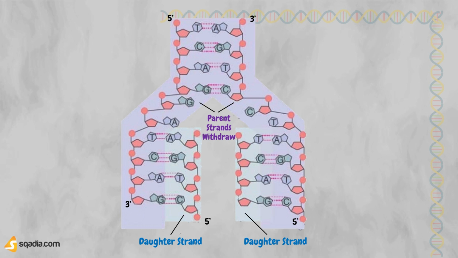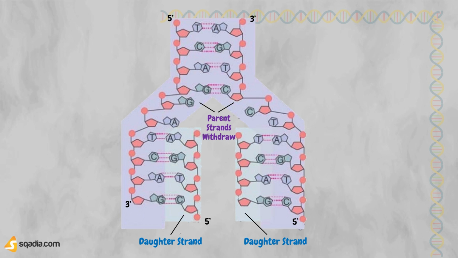The sequence of the daughter strand is determined by the parental strand. An adenine in the parental strand causes a thymine to be placed in the daughter strand, a parental guanine directs incorporation of a daughter cytosine, and so on.